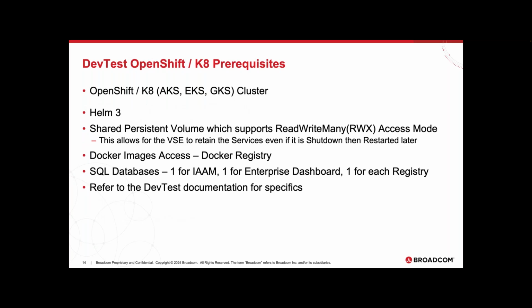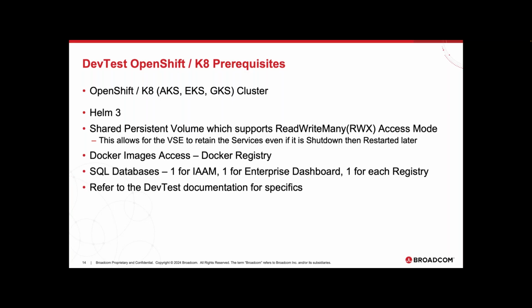Okay, so I will discuss the prerequisites for deploying dev test on your OpenShift or Kubernetes cluster. Of course, you will need an OpenShift cluster. In my case, I have a Red Hat OpenShift cluster on AWS, so it's called a ROSA cluster.